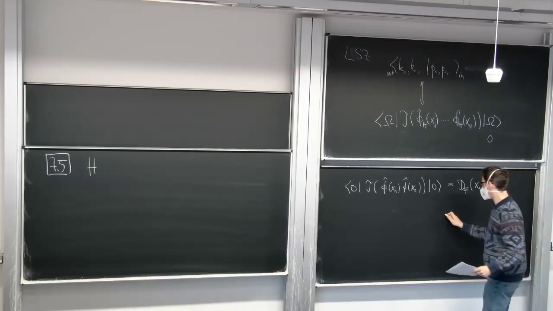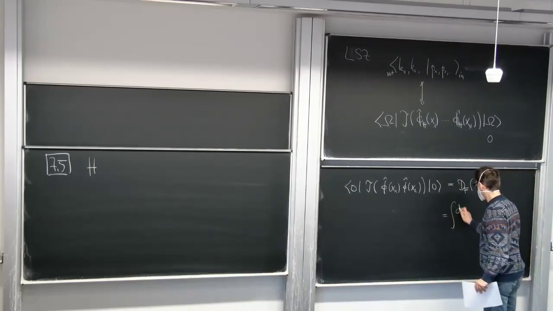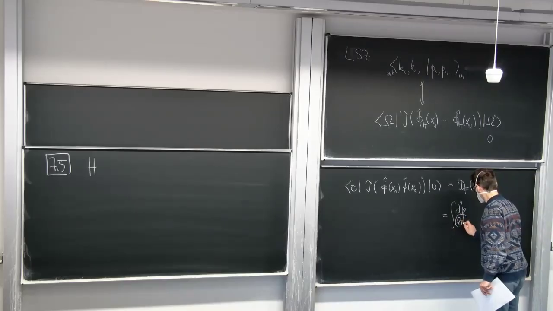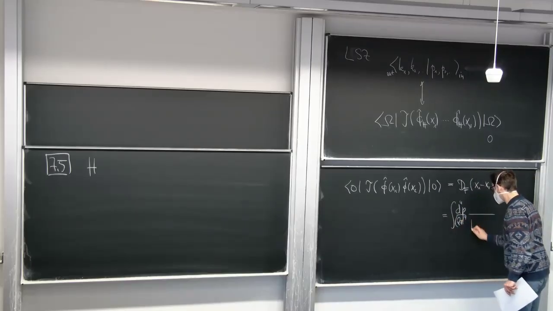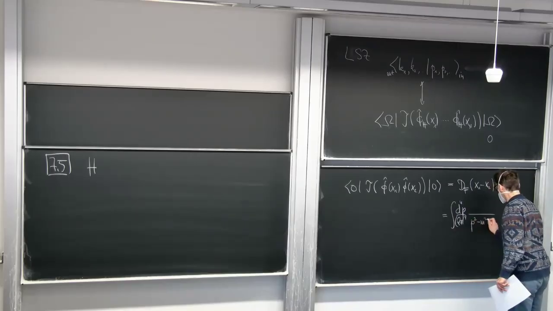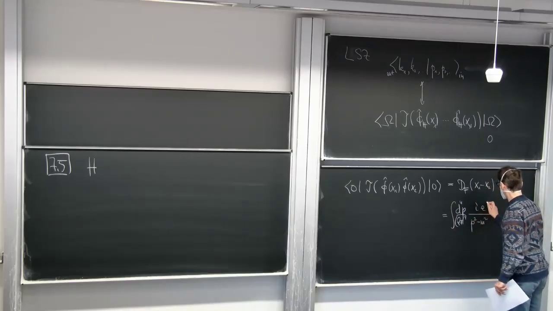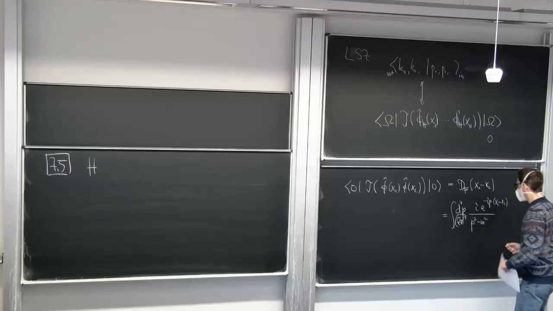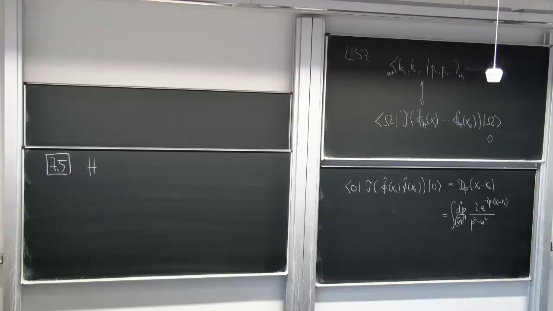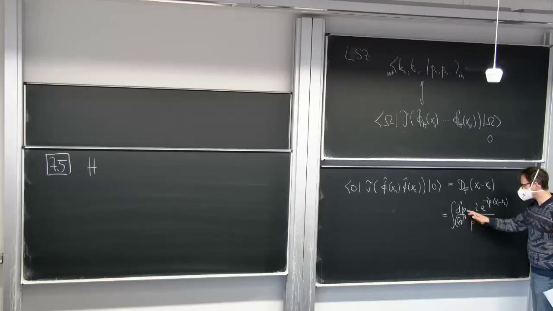And this is a very cute representation as a momentum integral, with a p squared minus m squared plus i epsilon and e to the minus ip(x1 minus x2). Except this didn't have a well-defined value like this.